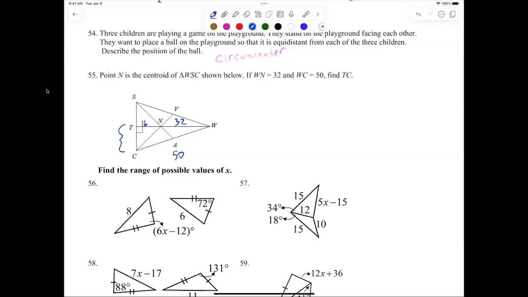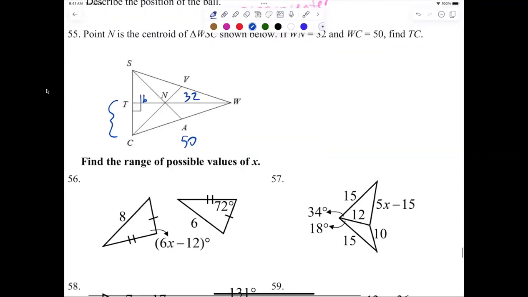I was going to say triangle TCW, but yes, how do I do that? That is correct. Why not CTW? Yes, 32 plus 16 is what? 48. That is a right triangle.